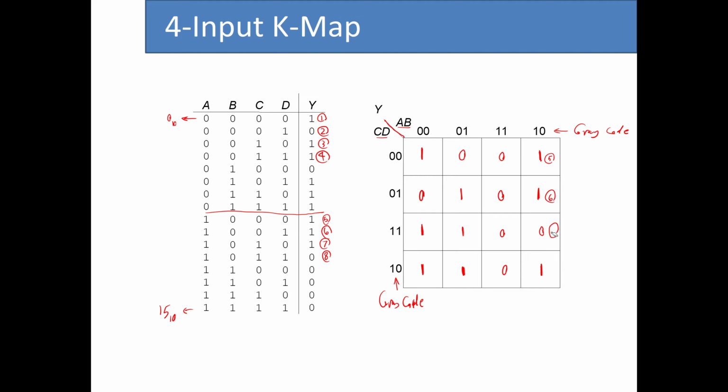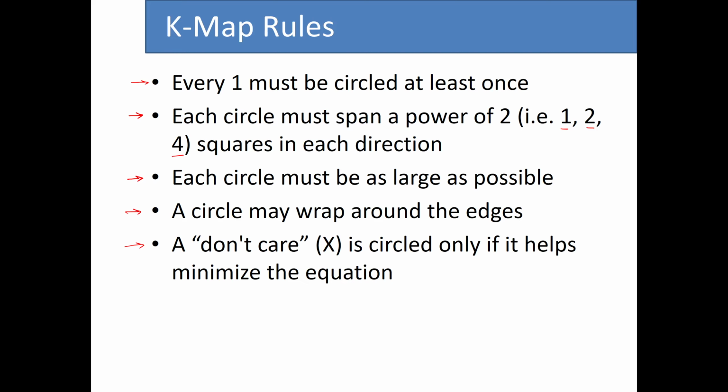So now that we have this, we can use the rules for the Karnaugh map to do the simplifications. Let's just quickly look at the rules again. The first one says every one must be circled at least once. Each circle must span a power of 2 squares in each direction.